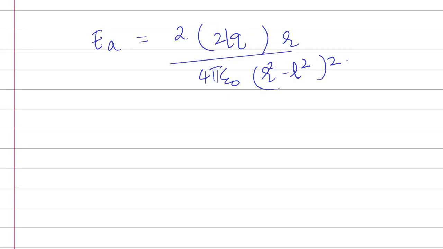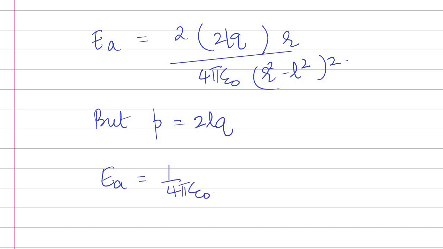Now 2QL is P, like last time, the electric dipole moment. Therefore, substituting, you will get E is equal to 1 by 4 pi epsilon 0, 2PR upon R square minus L square the whole square.